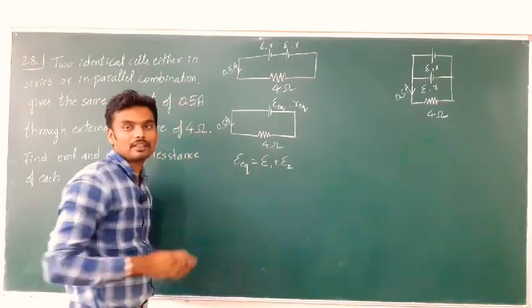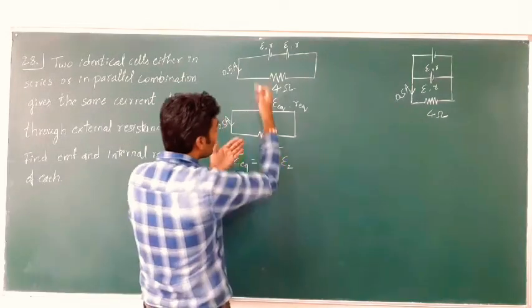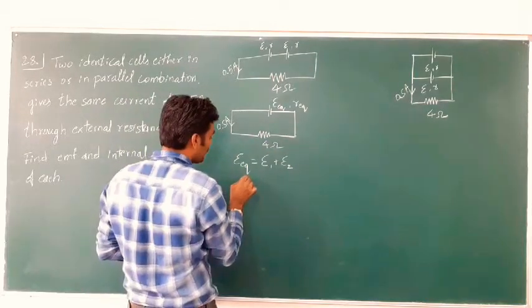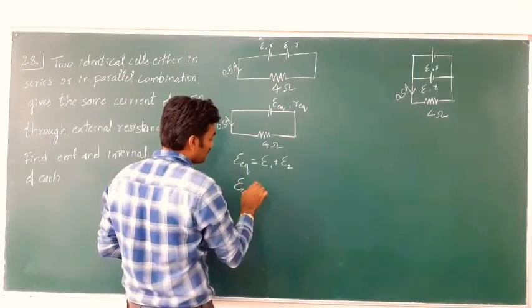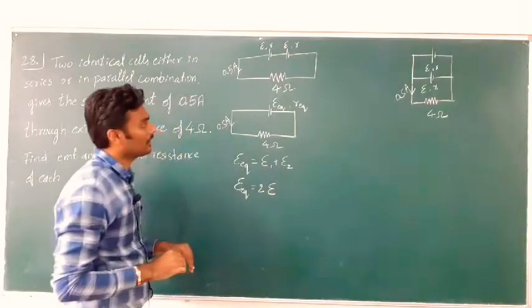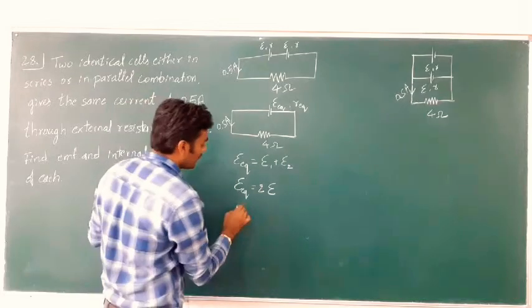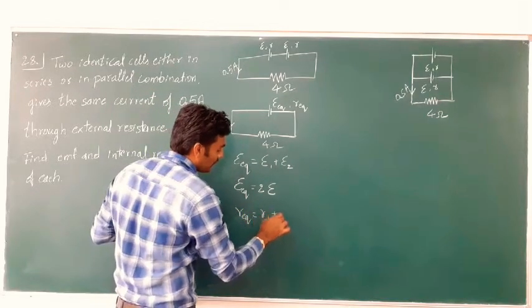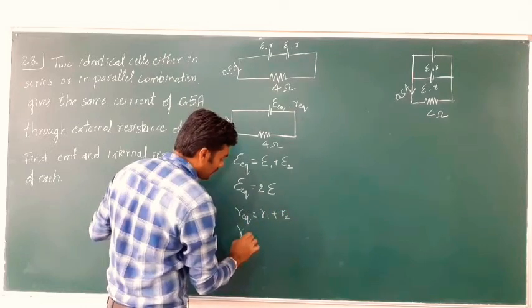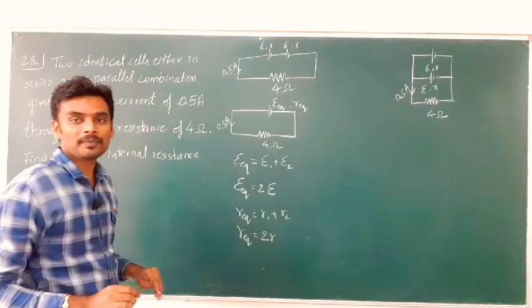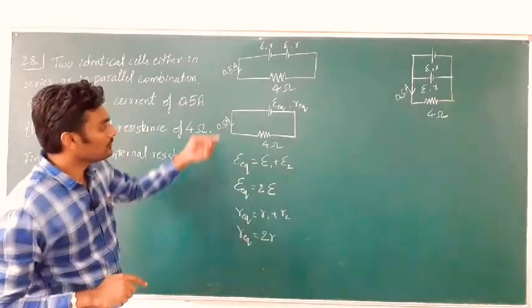Because cells are in series. So since E1 is E, E2 is also E because they are identical cells, okay? E equivalent becomes equal to 2 times E, okay? And now similarly, what is R equivalent equal to? R equivalent equal to R1 plus R2, and for this R equivalent is equal to simply 2R.